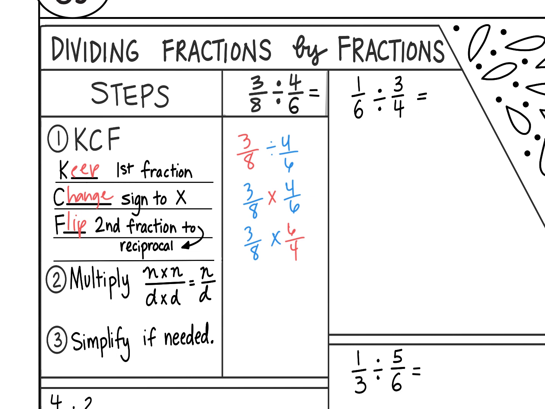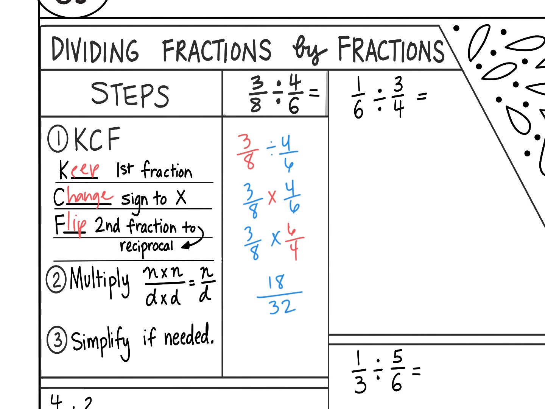So I have 3 times 6, which equals 18. 8 times 4, which is 32. Now I got to simplify. What's my GCF of 18 and 32? GCF, greatest common factor. We just did it in our morning work.